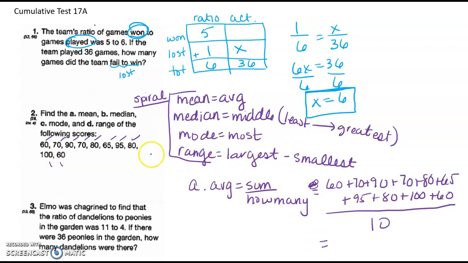Let me pause my video while I work this out on my calculator. Okay, so the sum is 770 over 10, which is going to give me 77 as my average.